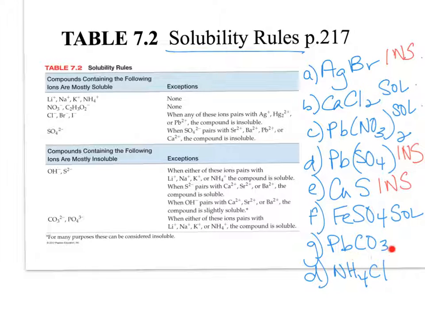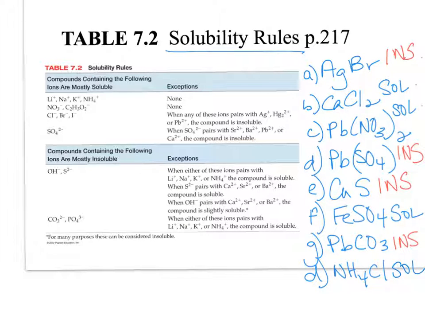Next one, we have PbCO3, and CO3 is listed here as being insoluble, and lead does not show up in the exception rules, so this lead CO3 remains insoluble. And lastly, we have ammonium chloride, and ammonium chloride is listed here as being soluble, and there are no exceptions, so we're going to leave this as soluble.